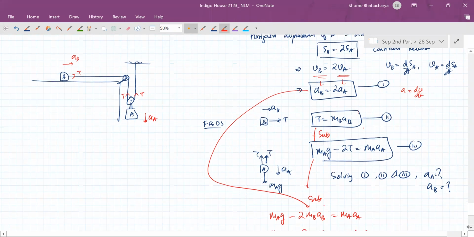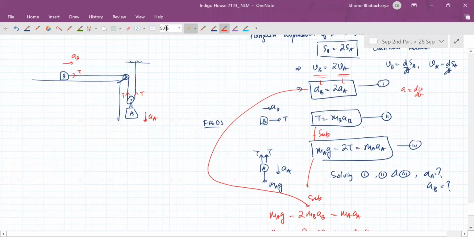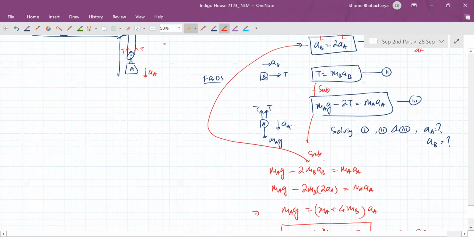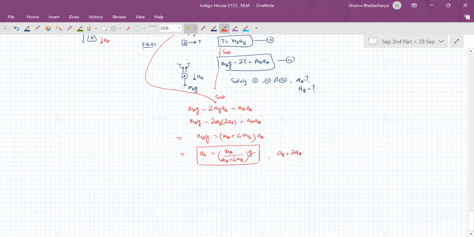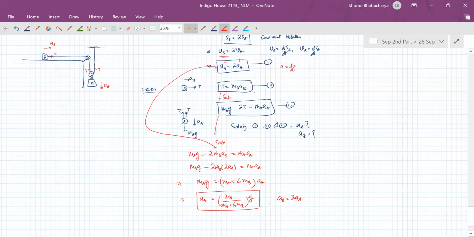Then after that, what we have done, see, after that we have substituted from the first equation the value of aB as 2 times the acceleration of A. So that's the next substitution. So now we substitute this over here. So this equation now becomes this. Understood? So it's a two-step substitution, right? Yes, I got it.